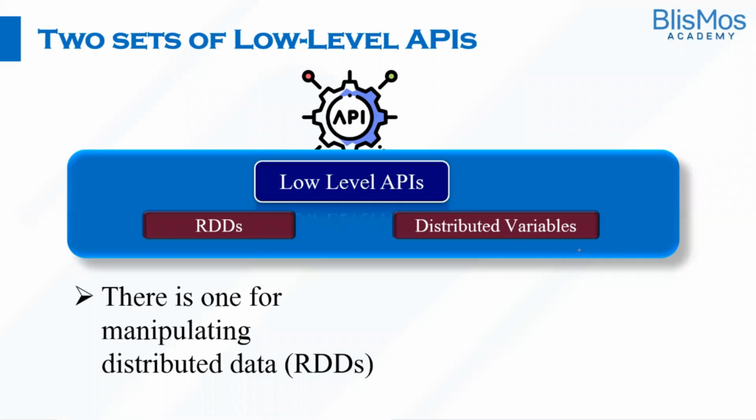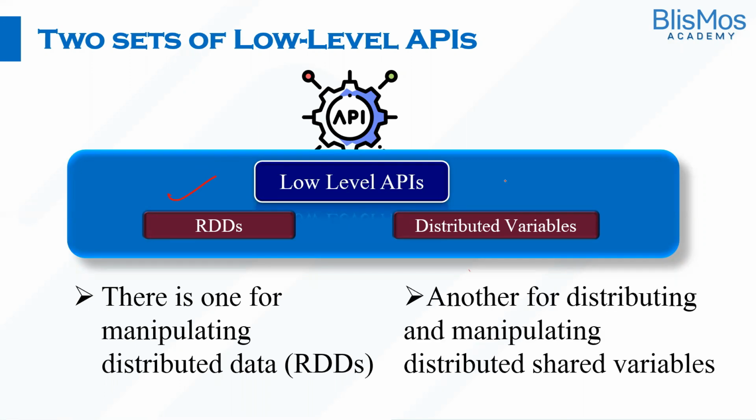As we know, as a part of the low level APIs, we have RDDs, which we have already seen as a part of the previous section. One more low level API is distributed variables. If you remember, we have low level APIs, that is RDD and distributed variables.